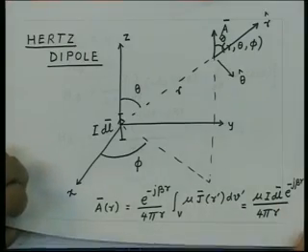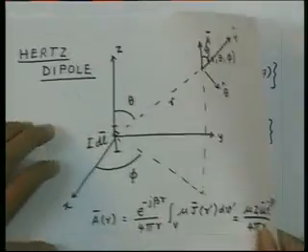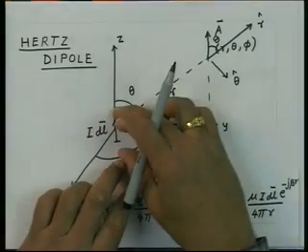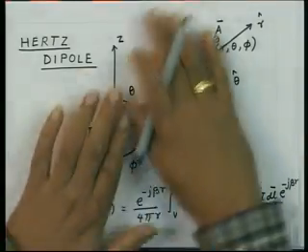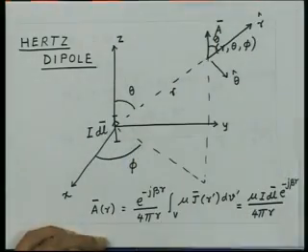Once we get the magnetic field, we can go to Maxwell's equation, and now we want to find the electric field not at the location of the source, but somewhere in space where there are no charges or sources.